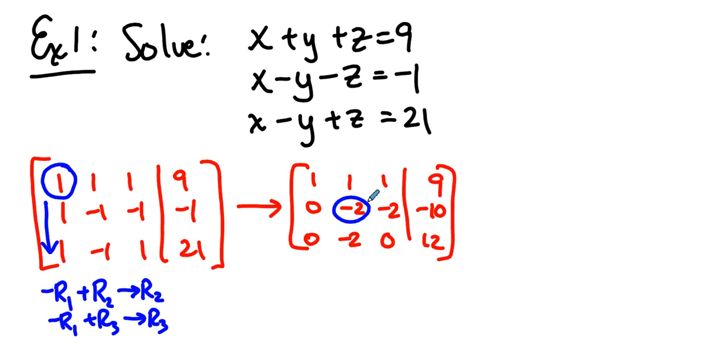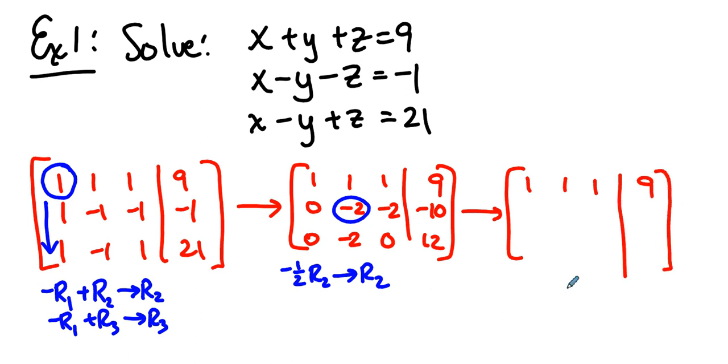And the way to do that, well, we'll take -1/2 of row 2 and stick it in row 2. Row 1 stays the same. Row 3 stays the same.